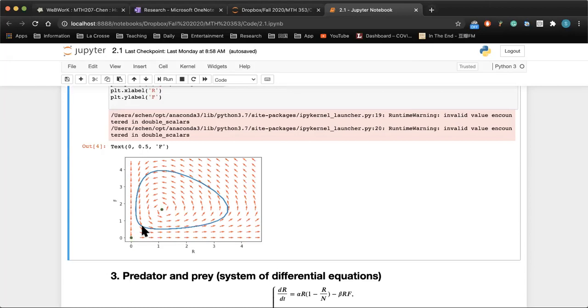Second, if you look at the equilibrium point, look at this one in the middle. What about this one? This one is pretty stable. If you just move away a little from there, you still circle around this point, right? But now if you look at this green one, you will see something interesting because this green is not stable. If you move up a little bit, of course you will come back. So you're stable in the y direction, or the F direction.